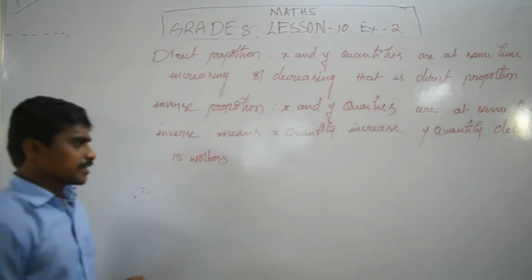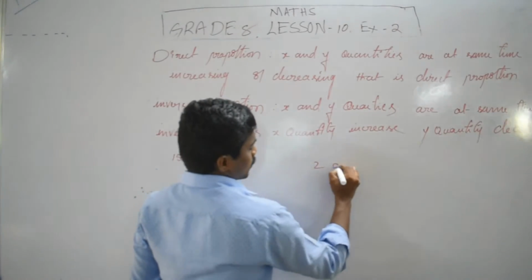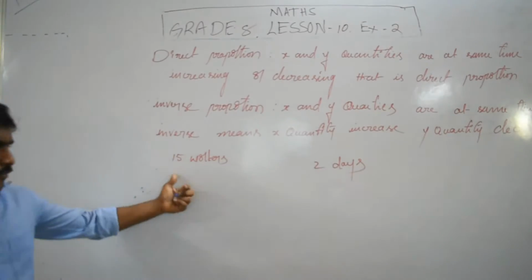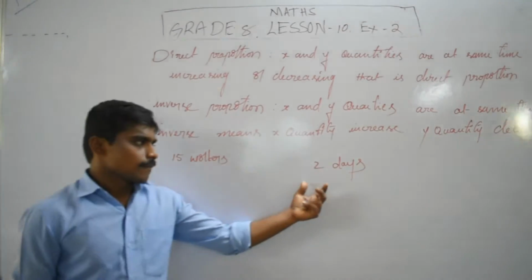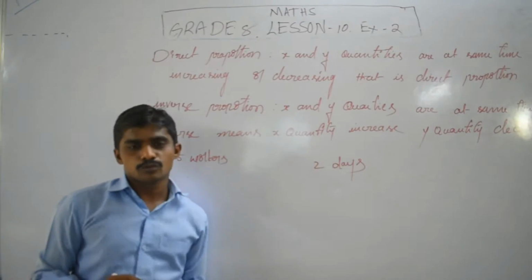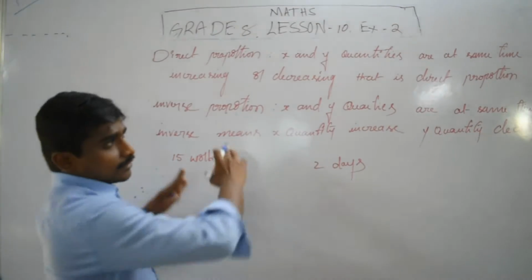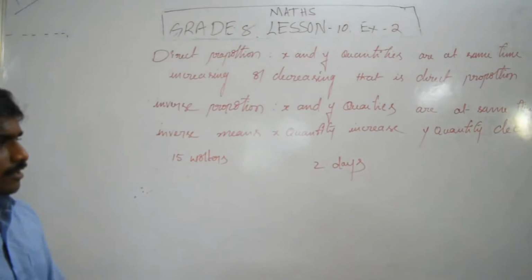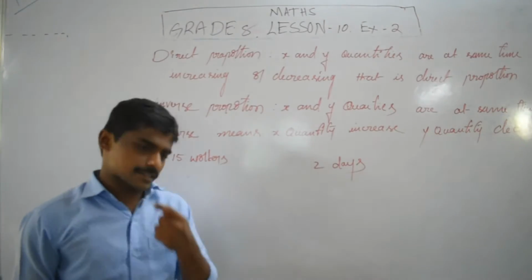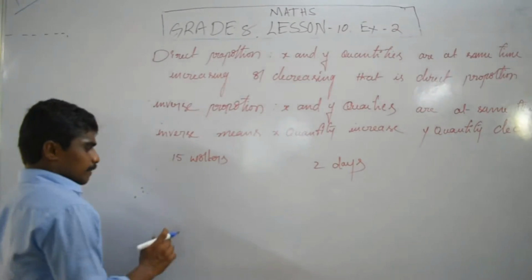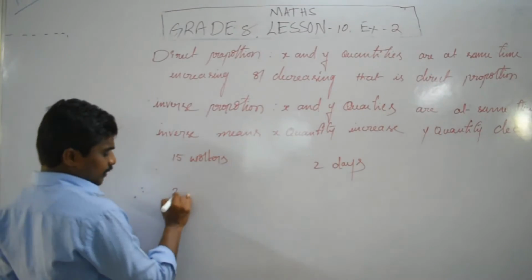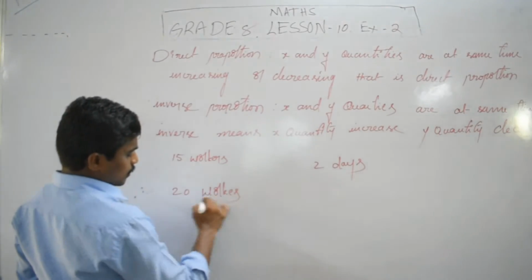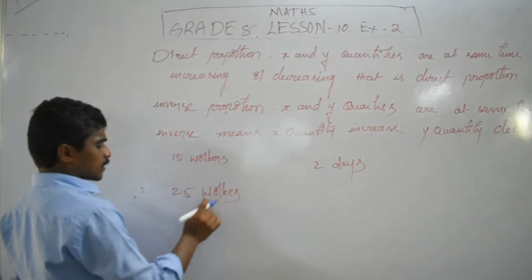15 workers finish one work in 2 days. Here see, 15 workers, one work finish 2 days. Like this wall built by the 15 workers, finish in 2 days. Now here see, increasing to 20 workers or 25 workers.